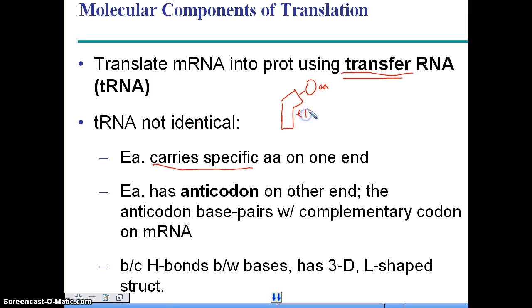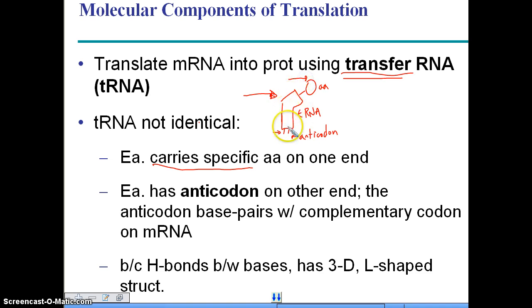Here's the tRNA. And the other end has a particular anticodon. Now, each particular tRNA is unique. It will have a different anticodon and a different amino acid that it carries.